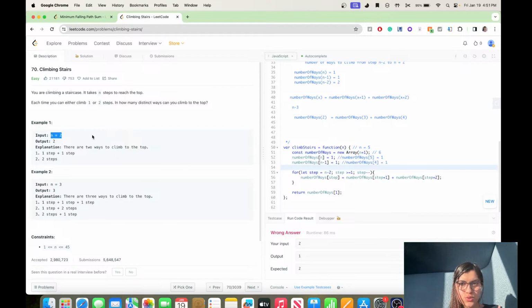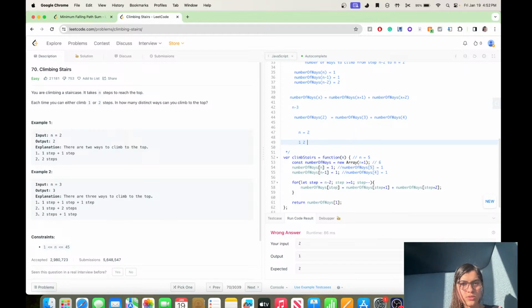And if n is equal to 2, then 2 will be 1, and if there are two states, right, from 1 to 2, it takes n steps to reach the top.